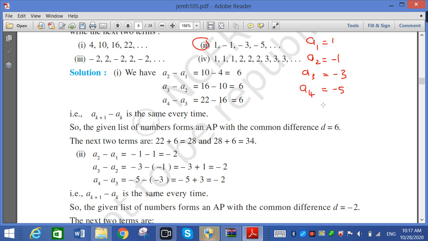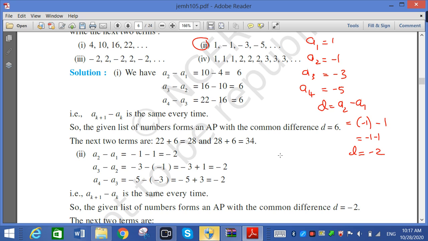Now our target is to find D, that is A2 minus A1. So A2 is minus 1, minus 1 again, that is minus 2. In the first, D is equal to 2.